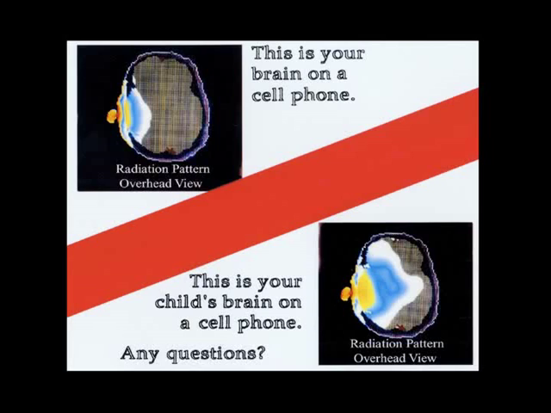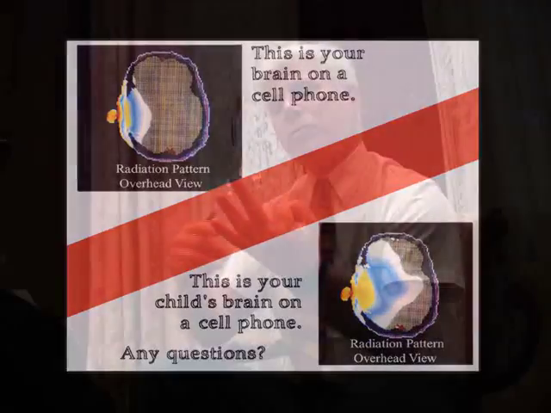The dielectric constant is higher in children, and the conductivity in their brain is also higher. So you have at least three factors: dimension, dielectric constant, and conductivity, all together resulting in higher SAR.